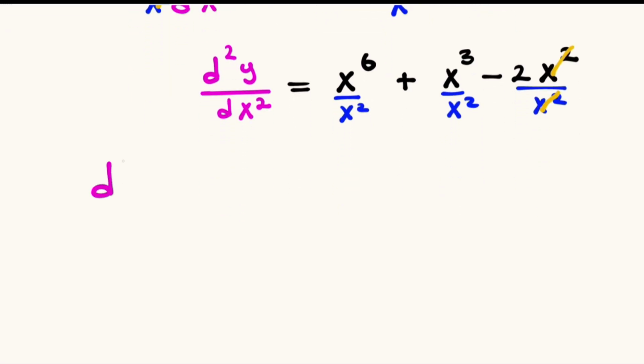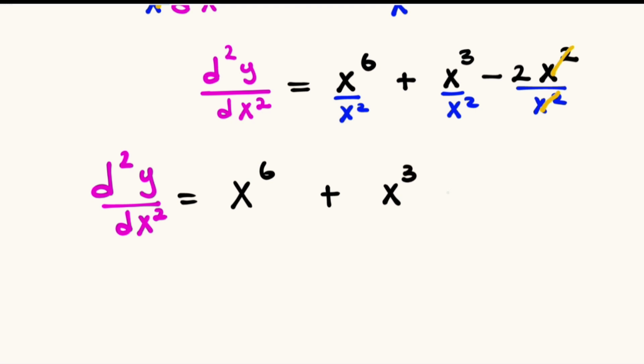and the second derivative of y with respect to x will be equal to x to the power 6 plus x cubed minus 2, and since the denominator and the numerator have the same base, we will subtract the exponents.